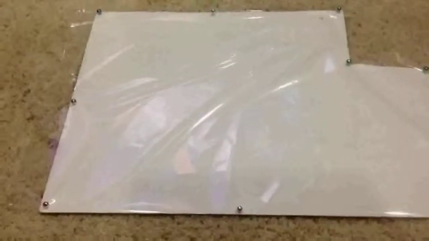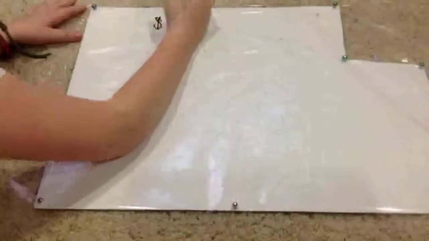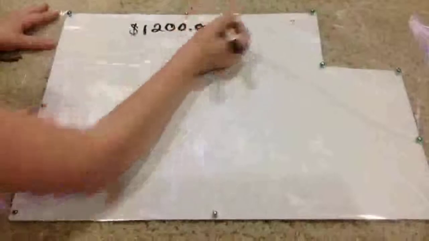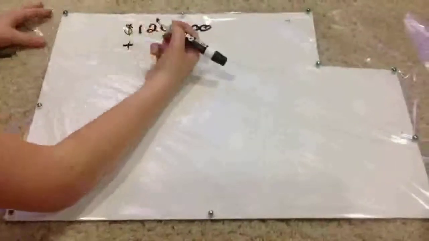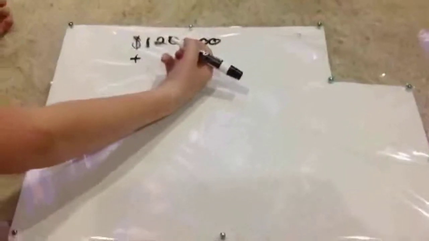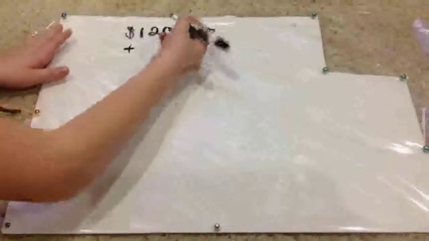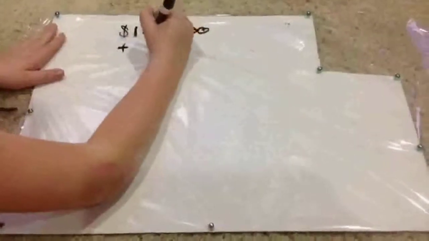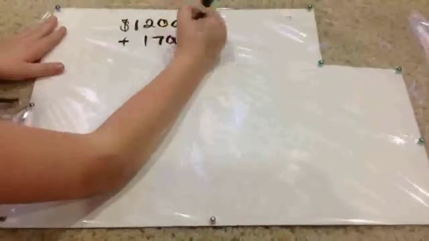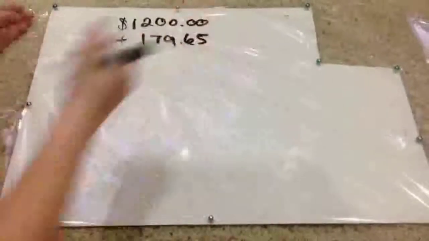So, if we want to find out what Marty's total will be in her account after 6 years, we will add together the total of the deposited amount, which was $1,200, and we'll add that to the total of the interest earned column, which was $179.65.